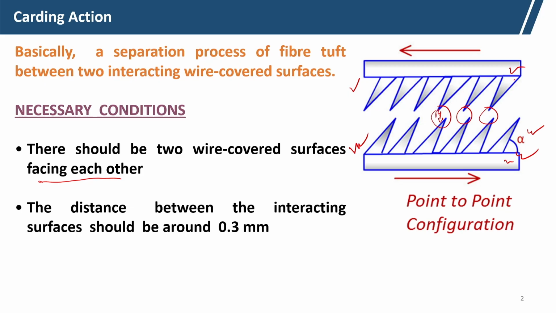Or this distance should not be too high. If the distance is too high, then it will not give resistance to the fiber tuft. Suppose this distance is too high.